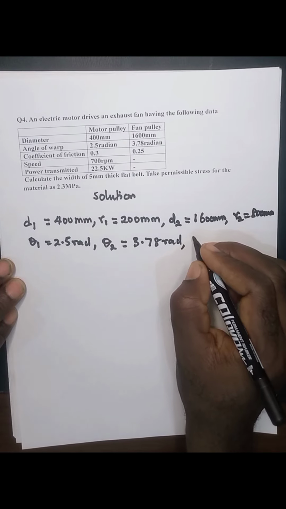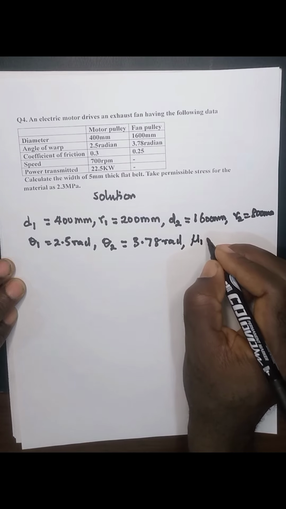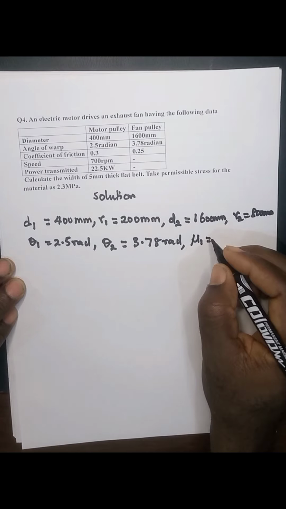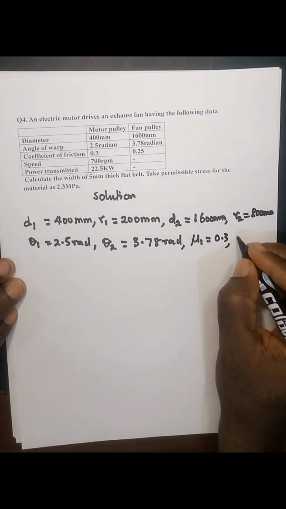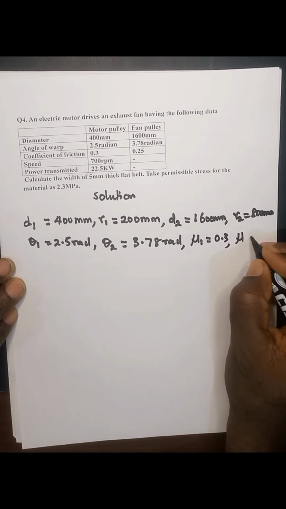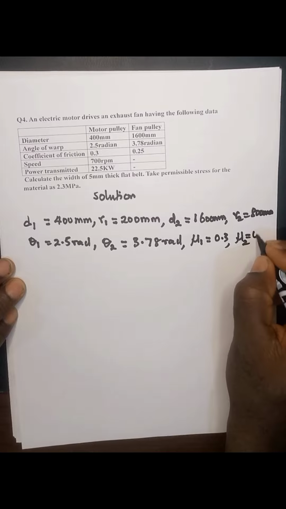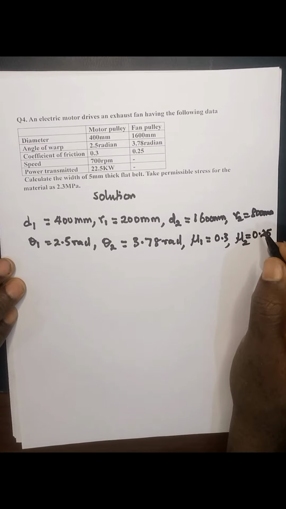Also, we are given the coefficient of friction on the motor pulley as 0.3 and the coefficient of friction on the fan pulley as 0.25.